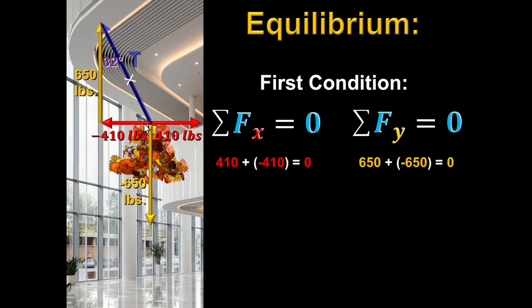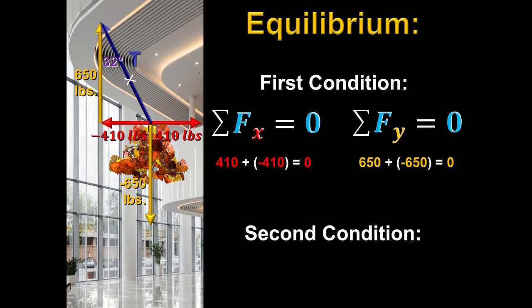But it looks like the pull to the left added to the right, left being negative and right being positive, adds to 0. And up added to down, where down is negative, also adds to 0. So this right here guarantees that this thing is not going to be accelerating left or right. This is going to guarantee that it is not accelerating up or down.